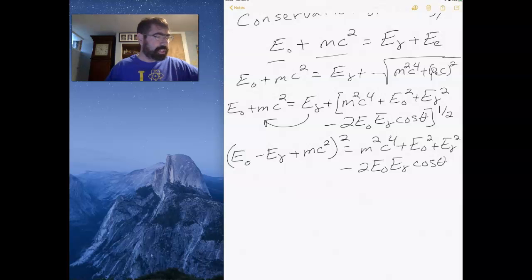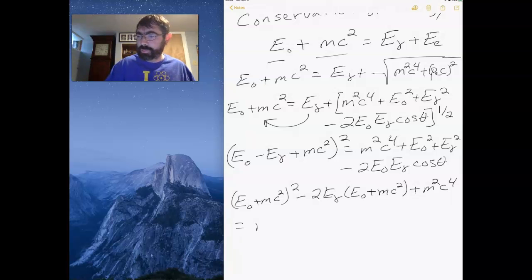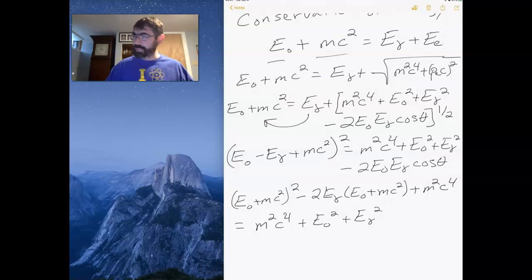I will have E0 plus mc squared, squared, minus 2 E gamma times E initial plus mc squared, plus m squared c to the fourth is equal to m squared c to the fourth plus E initial squared plus E gamma squared.